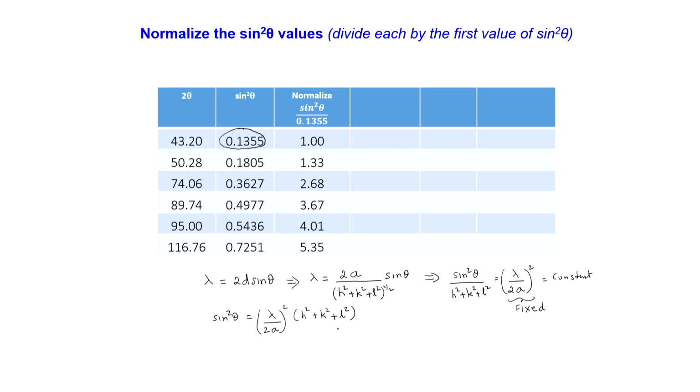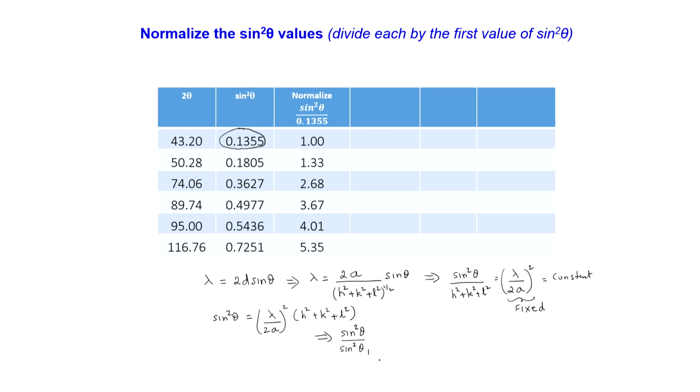which means I can write this equation by doing the following division: sin square theta divided by sin square theta 1, where theta 1 is coming from here.